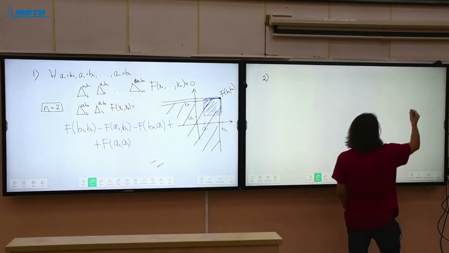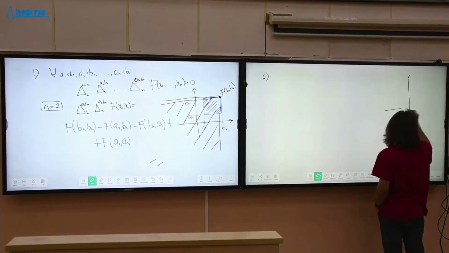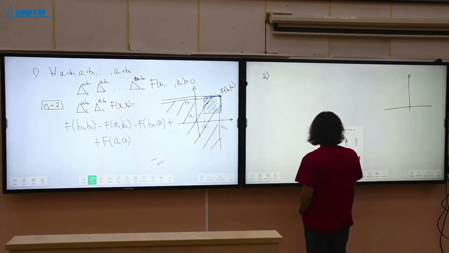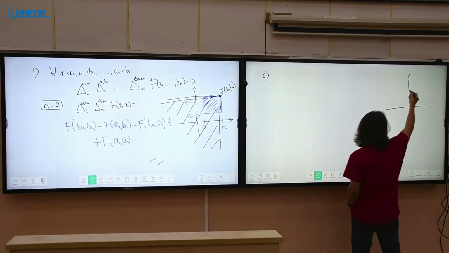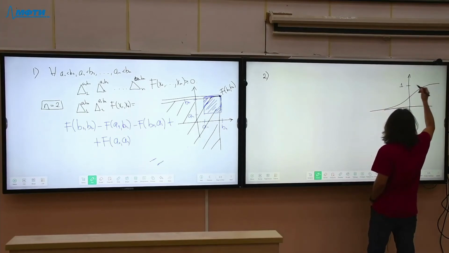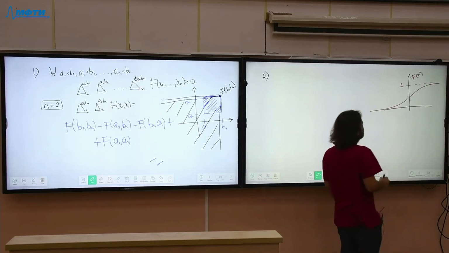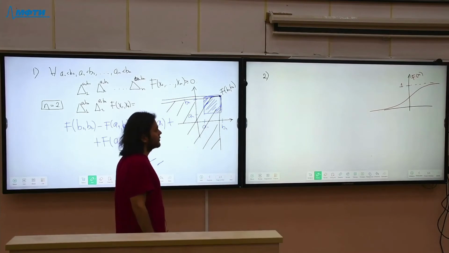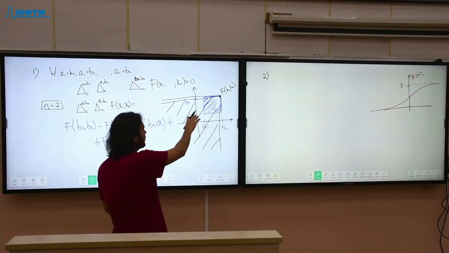So in the one-dimensional case, we have something like this. Right, so this is 1. Yeah, this is a CDF in the one-dimensional case. Now here we have the following.